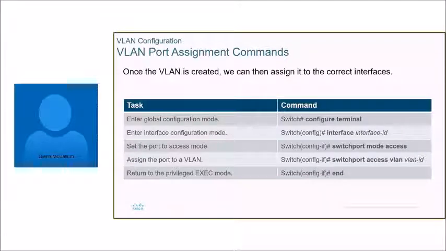From there, because it's going to be a member of a VLAN, you normally make it access mode, switchport mode access, which means this is an access port for a host. Then from there, switchport access VLAN and the number. So 20 if we're going by that previous example. That interface 10 would now be a member of VLAN 20, and only a host can connect to it basically.